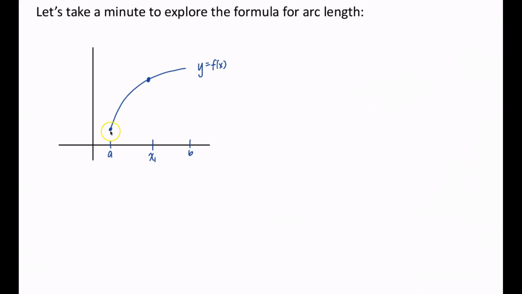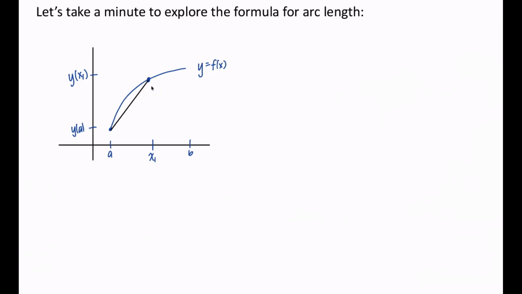And let's focus on finding the distance between these 2 points. So let's say the distance between this point here, which would be a, y of a, and x1, y of x1. So how do we find the distance between 2 points? It's not the length of the curve, but the distance between these 2 points here.